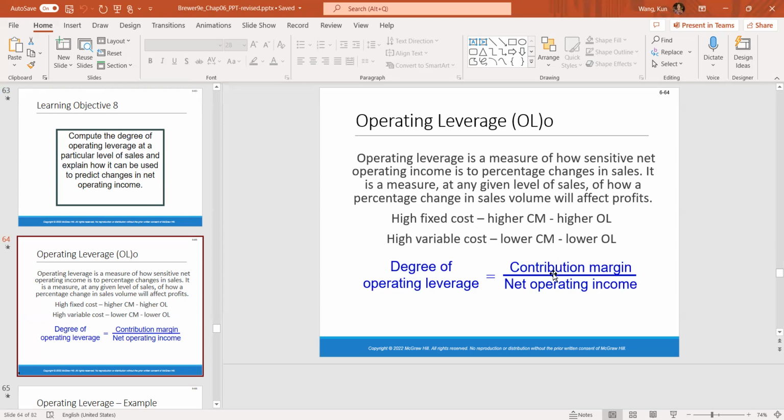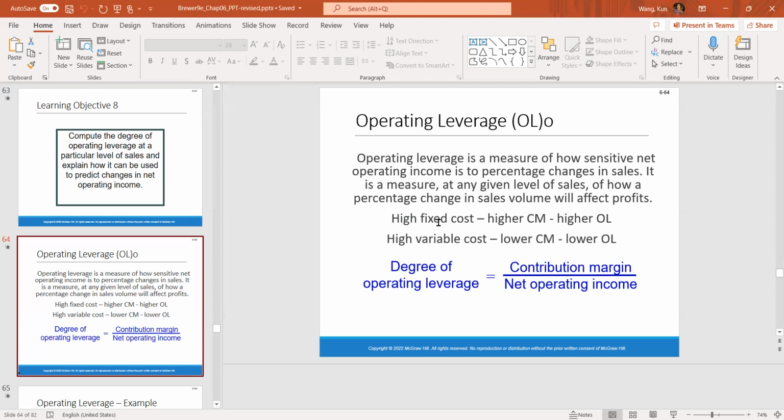The net operating income is contribution margin further deducting the total fixed costs and expenses. So the division of contribution margin and the net operating income actually reflects the structure of the fixed cost and variable cost, the relative portion of these two types of cost in the company's operation. So the operating leverage is fundamentally determined by the relative portion of fixed cost and variable cost in the operation.